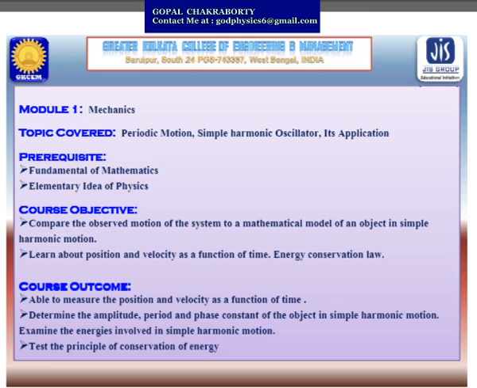After completion of this course, you will be able to measure the position and velocity as a function of time for any system executing simple harmonic motion, determine the amplitude, period and phase constant of the object in simple harmonic motion, examine the energies involved in simple harmonic motion, and test the principle of conservation of energy. So, these are the possible course outcomes.